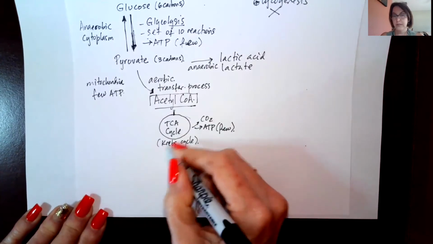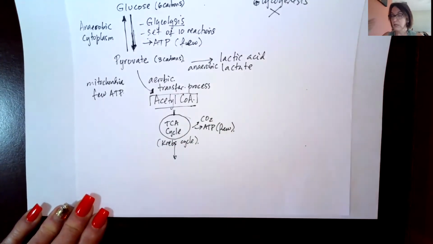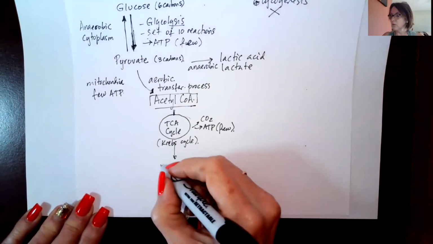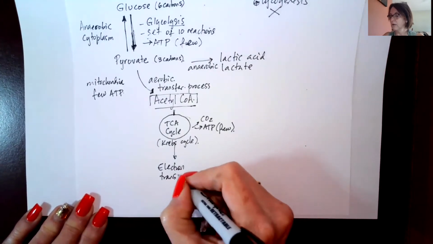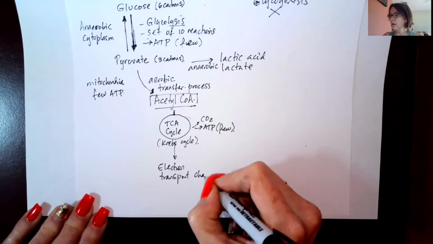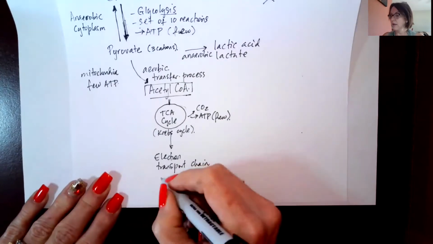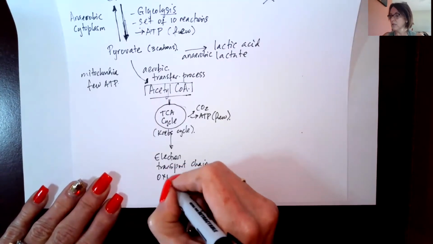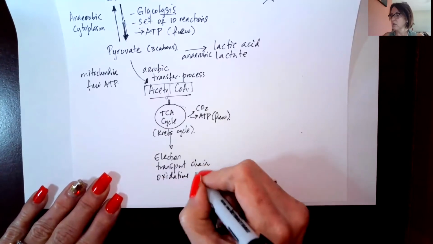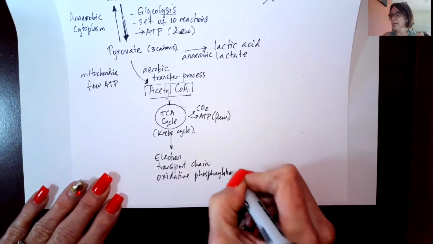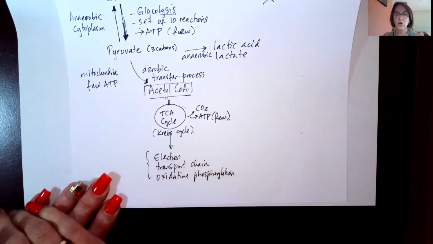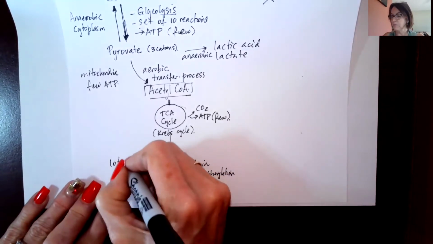And then after the TCA cycle, we continue to the electron transfer chain and oxidative phosphorylation, which is really the process that gives us a lot of ATP.